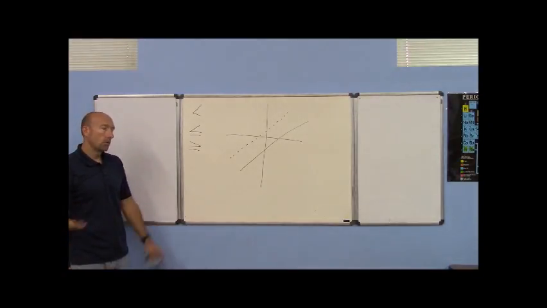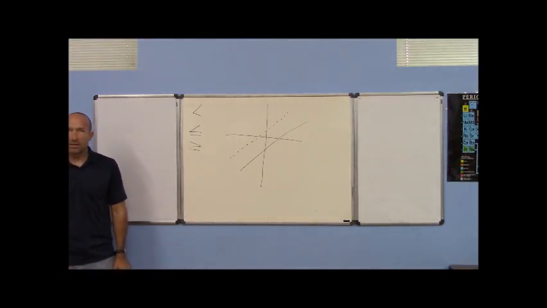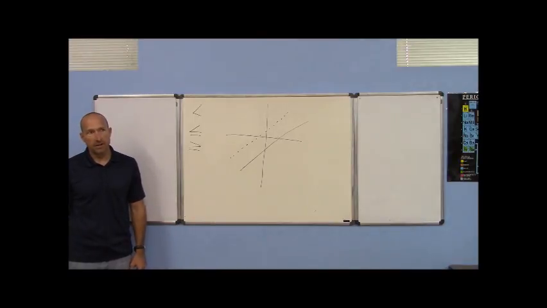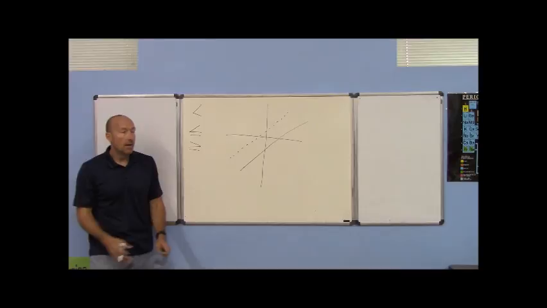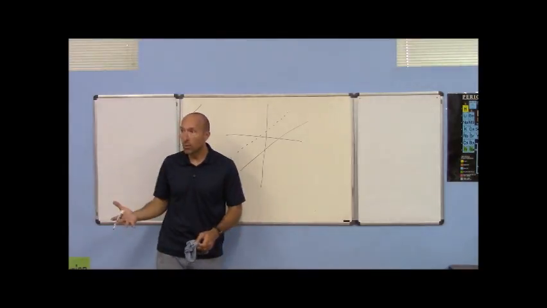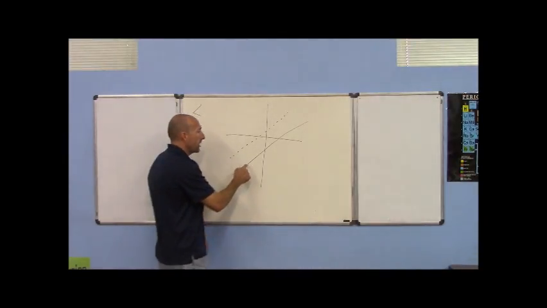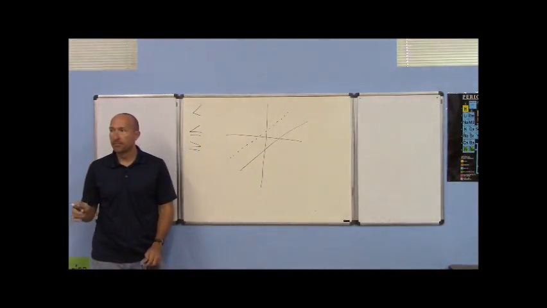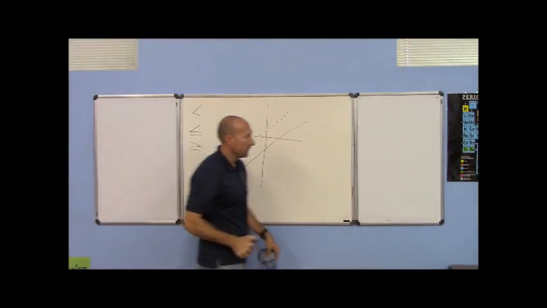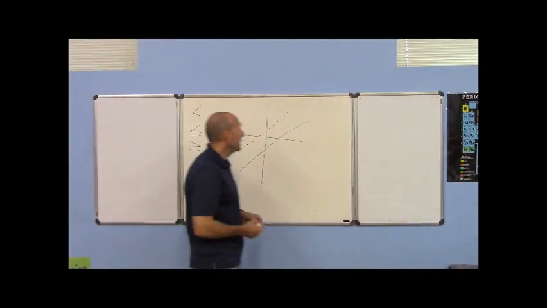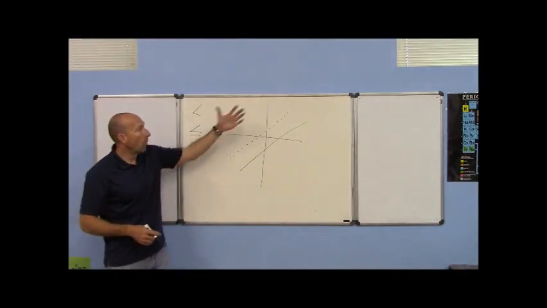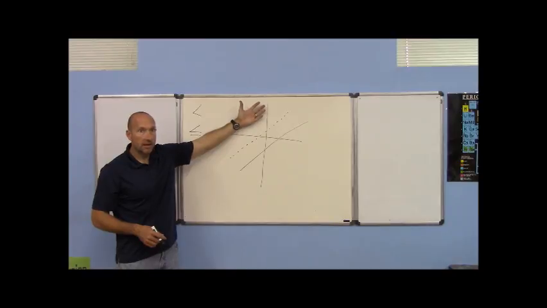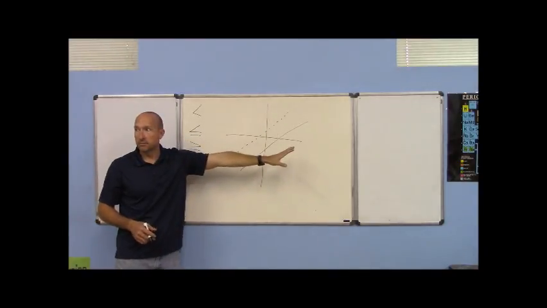Okay? And you're like, okay, well, we had an equation with an equal sign and it was a solid line, so what's the difference between the two? I'm really glad you asked. Because with an equation, everything fell on that line and only on that line. With inequalities, it is everything on one side of that dotted line or the other.